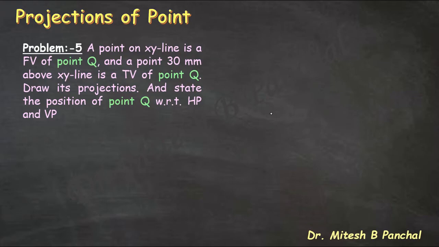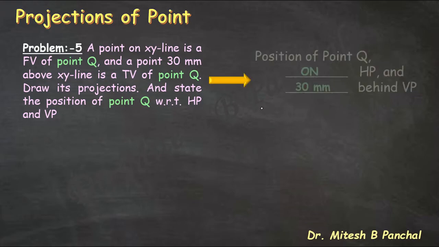We know that as the front view is on XY, that means distance of point Q is 0 from HP, right? Means point Q is on HP. Now top view is above XY line, that is possible when point Q lies 30 mm behind VP.